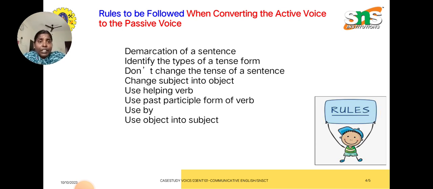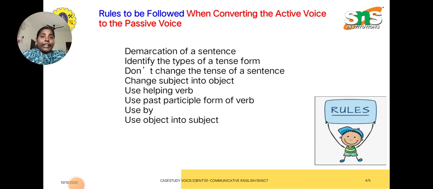Here I am again recalling the rules used in active and passive voice transformation: demarcation of a sentence, identify the type of tense form, do not change the tense form of the sentence, change the subject into object, use a helping verb, use the past participle form of the verb, and put the object into subject.